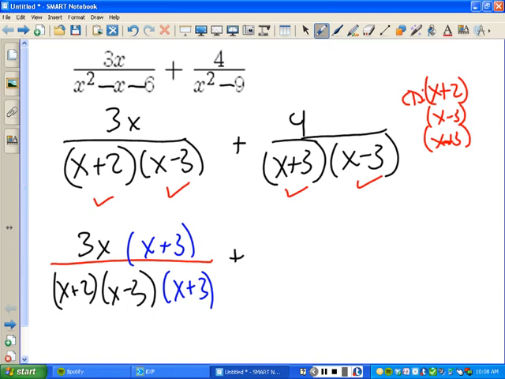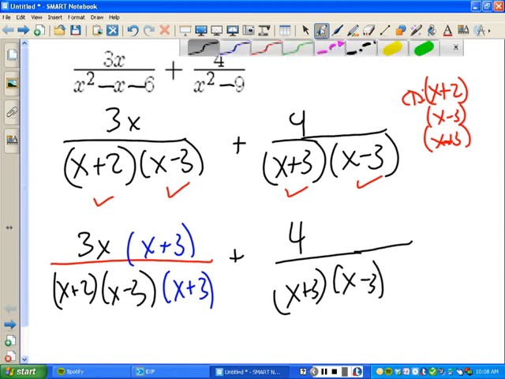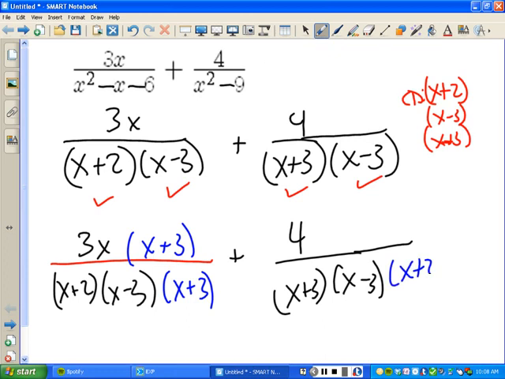Plus 4 over x plus 3, x minus 3. What are we missing? X plus 2. If I put the x plus 2 on bottom, I must also put it on top.